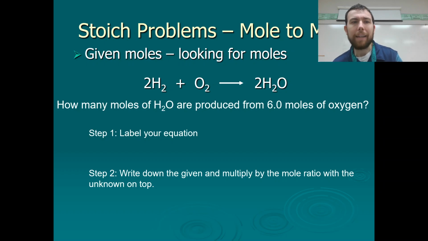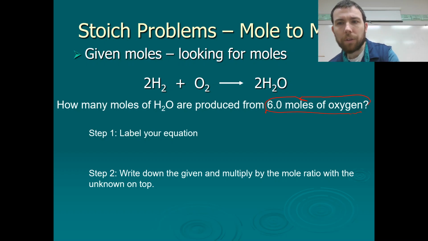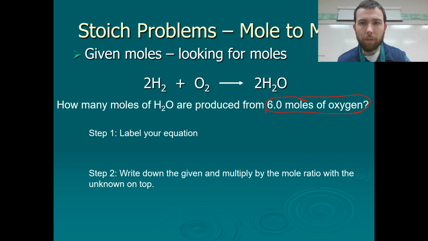So my given in this particular problem is going to come right here with our moles of oxygen. Now, I think I'd like to do something other than red. I don't know if that's going to show up very well. So let's go with white.